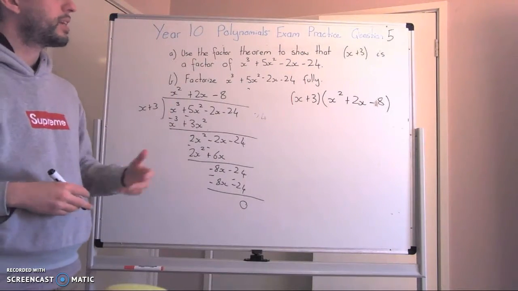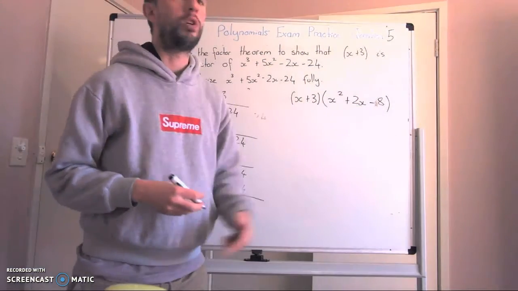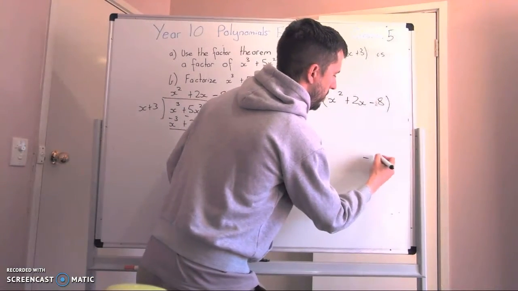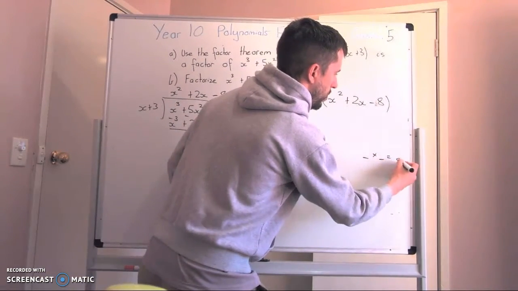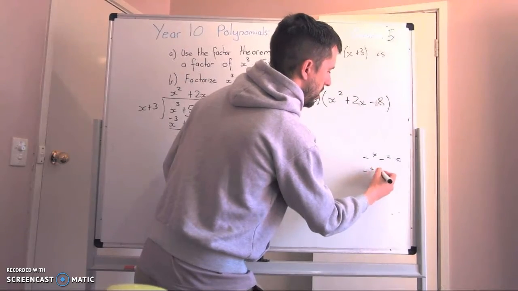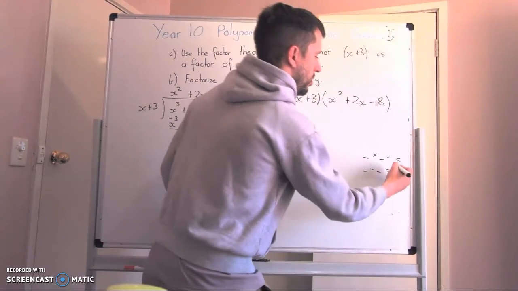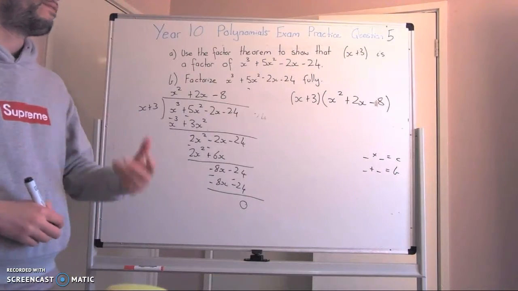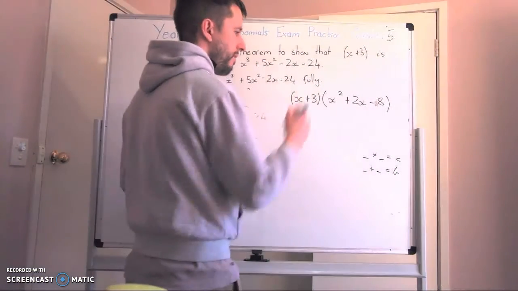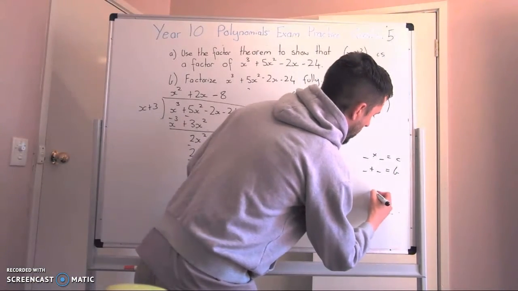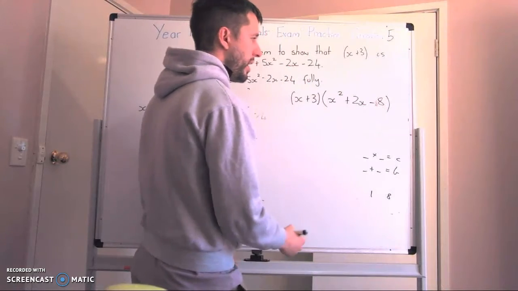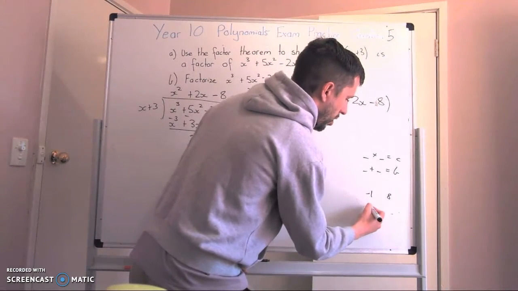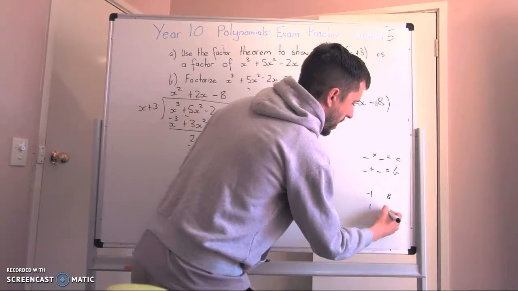So for us to factorize fully, we need to look at this as a quadratic. What are two numbers that multiply together to equal C, and add up to equal B? So I'm going to think about my factors of 8, or negative 8. I've got 1 and 8, but it must be either negative 1 and 8, or positive 1 and negative 8.